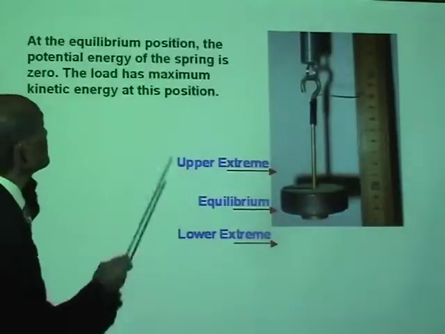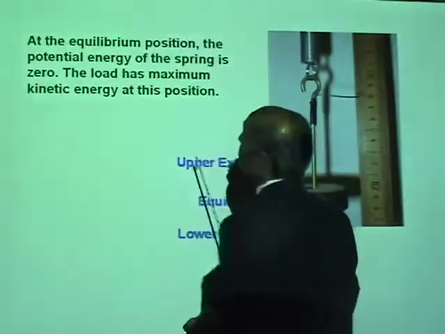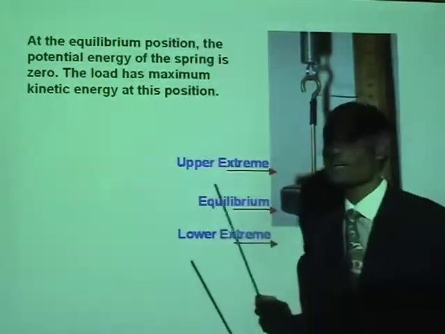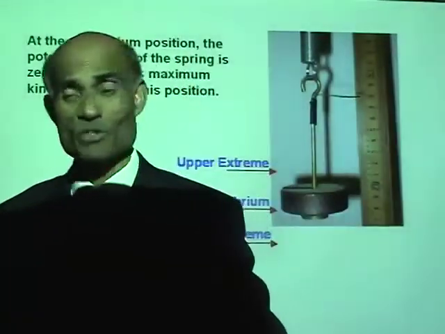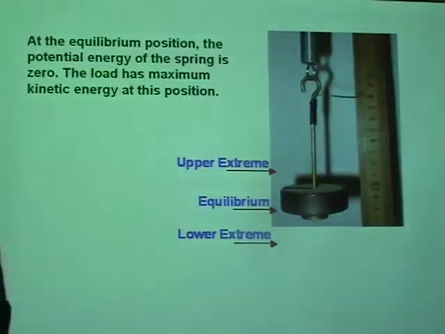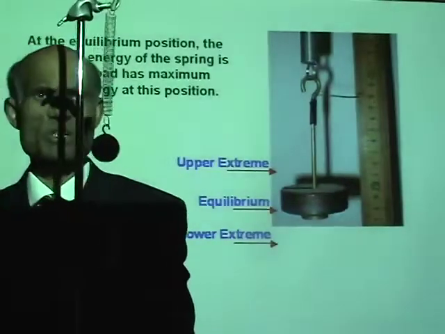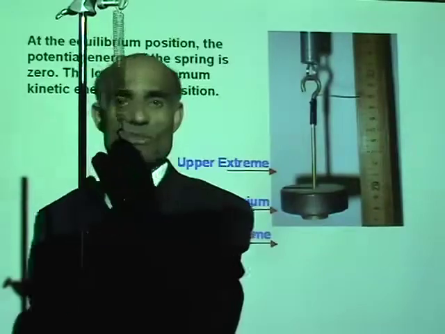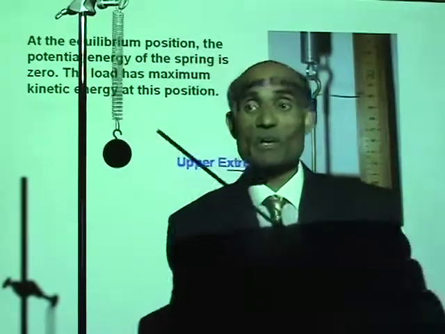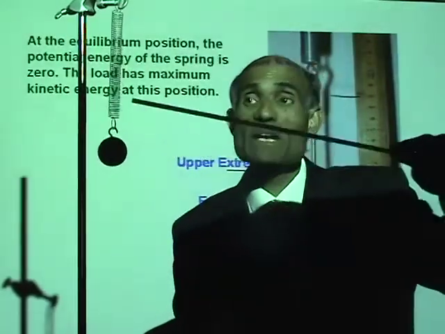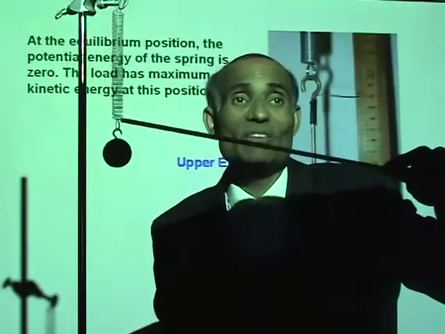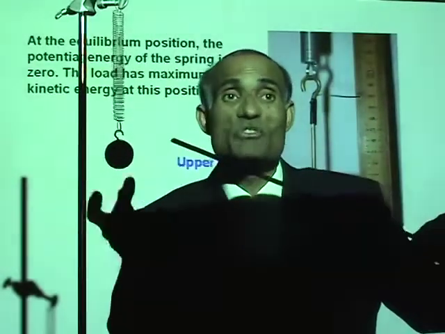Alright, at the equilibrium position, the potential energy of the spring is 0. Do you understand that? Well, at the equilibrium position, if you notice here, the load is now at the equilibrium position. Now the spring is at its natural length. The potential energy is 0.